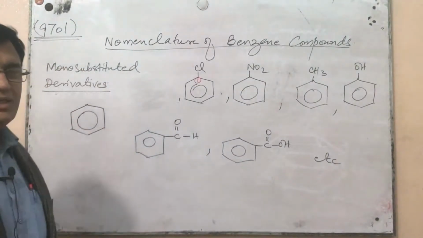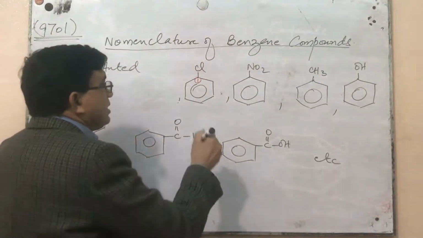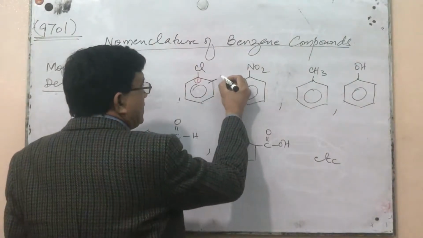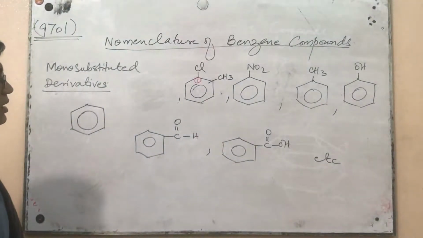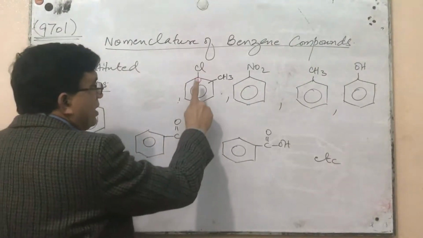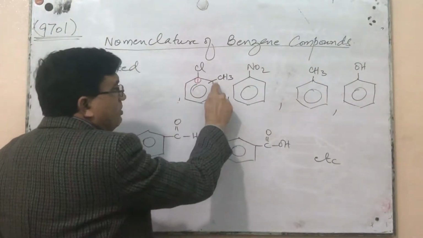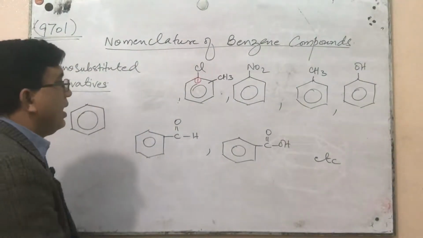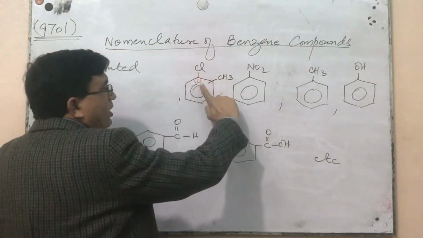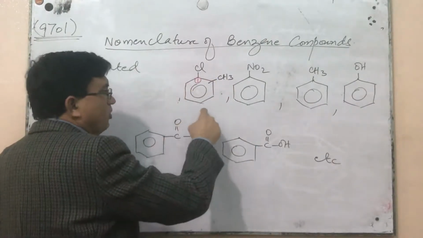But when the second substituent comes, when a second group is attached, for example, if a second group CH3 is attached here, then definitely with respect to this carbon atom, this will be the second position of the methyl group. And now the numbering will definitely start from this side, not from this side.